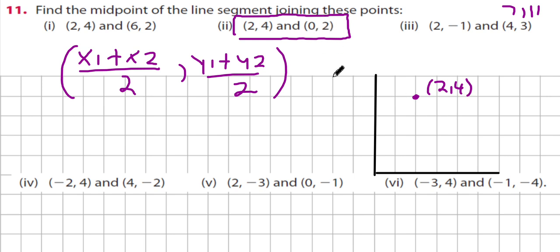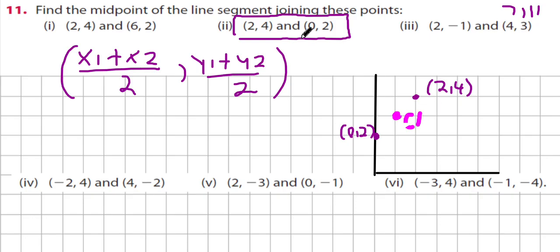And the point 0, 2 is 0 and 2. We can all tell using our eyesight who's in the middle, can't we? See the pink one? That's in the middle.